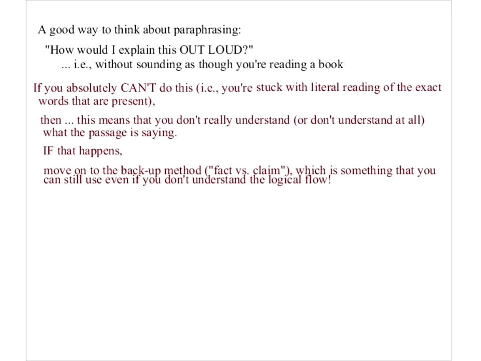So that's pretty much where we're at. Again, let me take you back to our initial notes screen here. Note that we listed this as a backup method. That's because it's what it is.